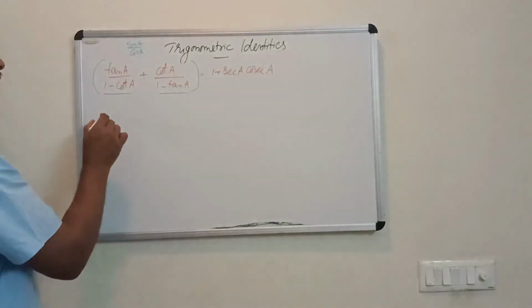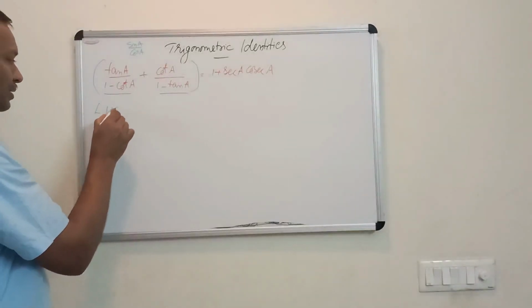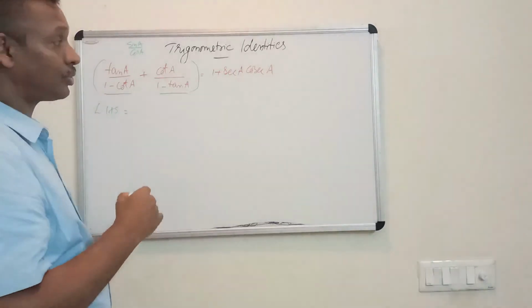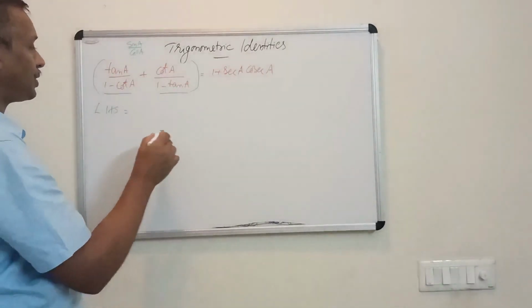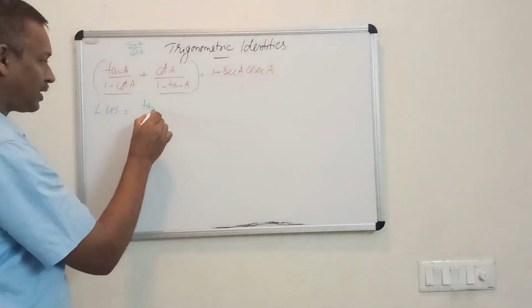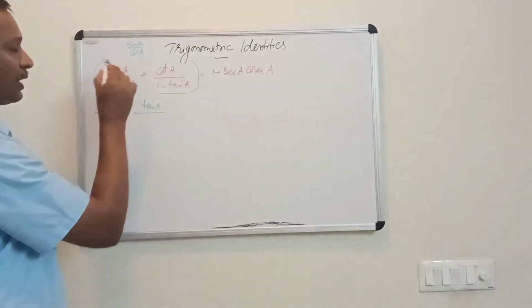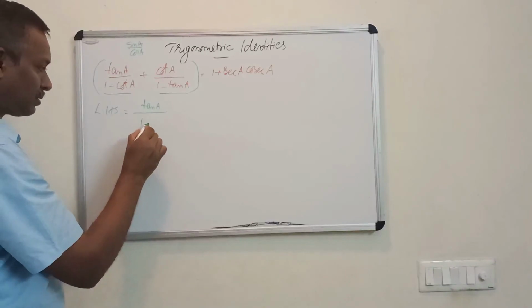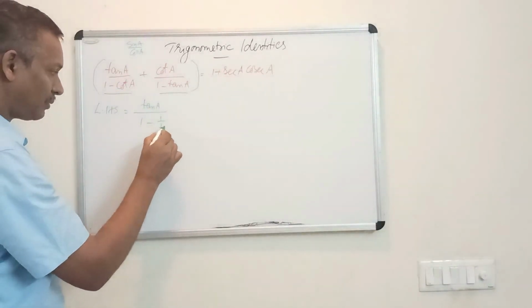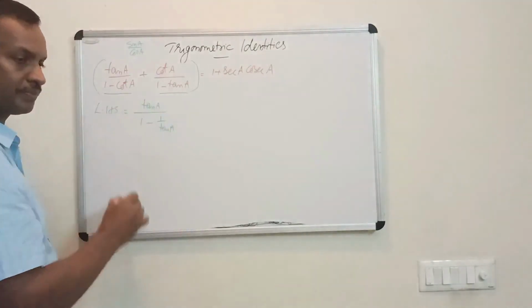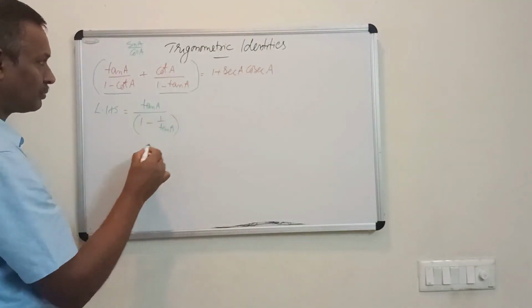So I am taking the LHS, and I am changing everything to tan. Wherever cot is there, I am changing it to tan. The numerator is tan only, so no need to change this tan. 1 minus this cot; cot is 1 by tan A. Use a bracket here.